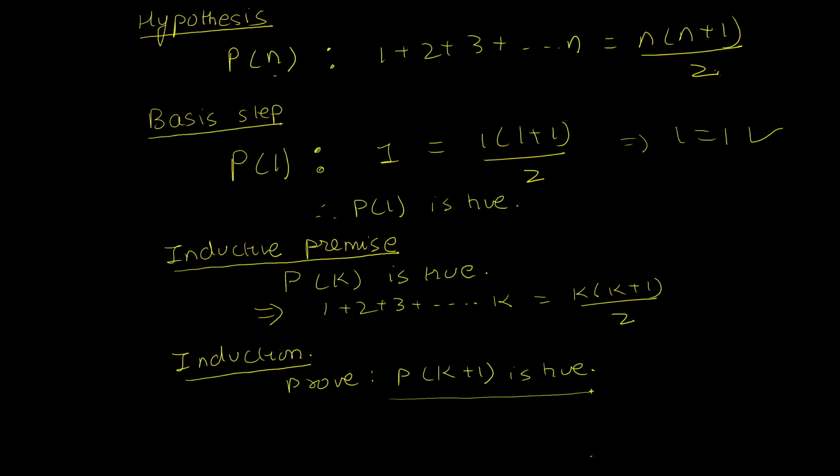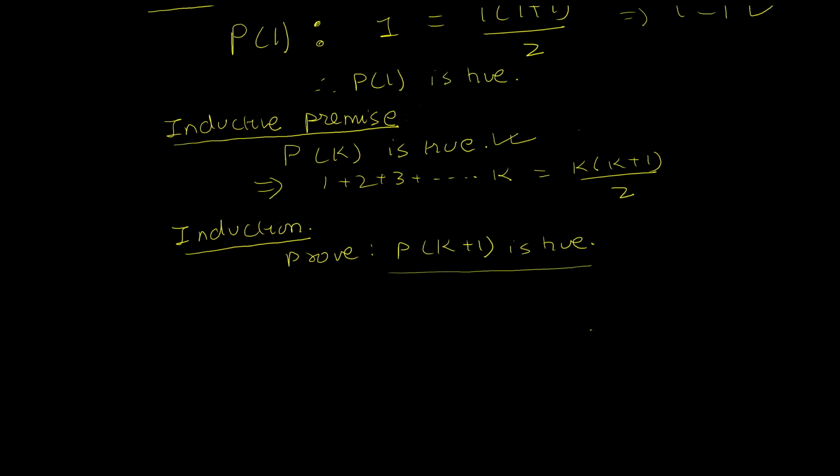But it can be guaranteed that for all problems, in order to prove that Pk plus 1 is true, you have to use the fact that Pk is true. There will be no way to prove the induction without the inductive premise. And you should use that as a hint. Whether you are doing an algebraic simplification or a logical reasoning in your induction, you will use the premise one way or another. So let us get on with the proof.